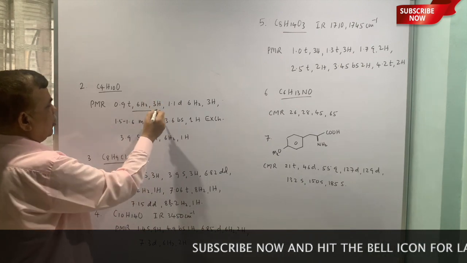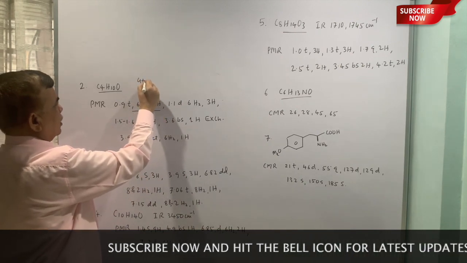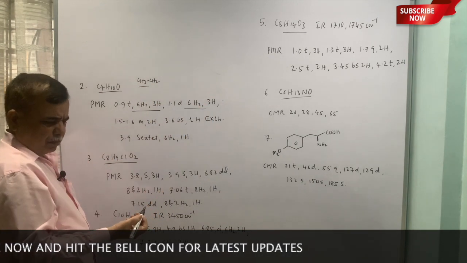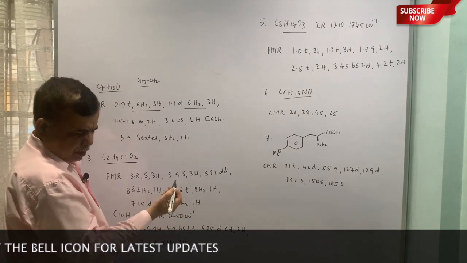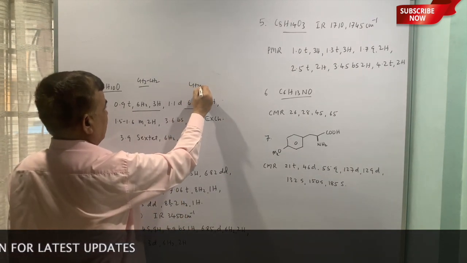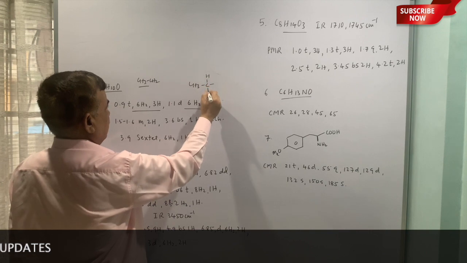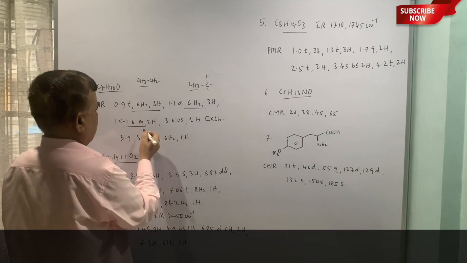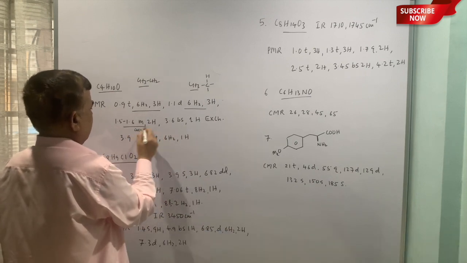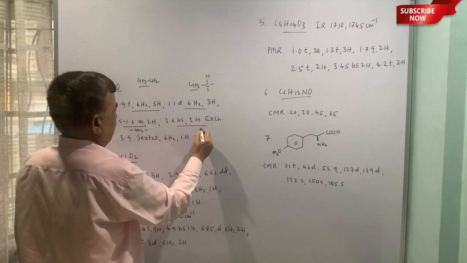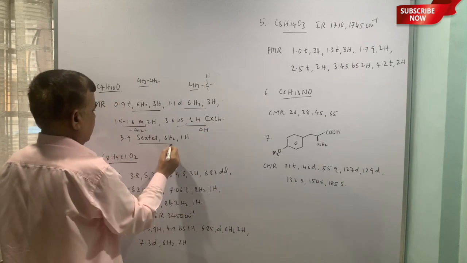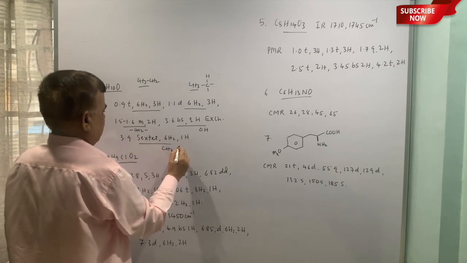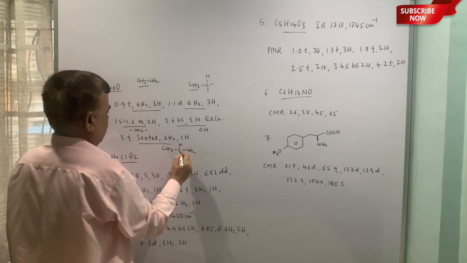Triplet 3 protons, that is CH3 CH2. 3 proton doublet is CH3 having CH as a neighbor, so that's why doublet. Multiplet 2 proton, methylene having so many neighbors. This looks like OH because oxygen is there, and 1 proton sextet means this kind of pattern.